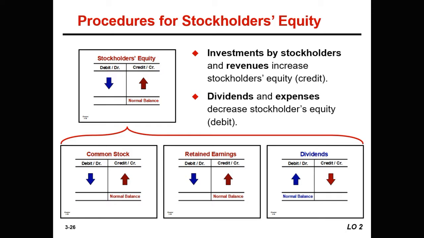Investments by the stockholders, net income, and revenues increase or credit our stockholders' equity. Now, accounts such as dividends and expenses have an impact of decreasing stockholders' equity, so they have a normal debit balance.